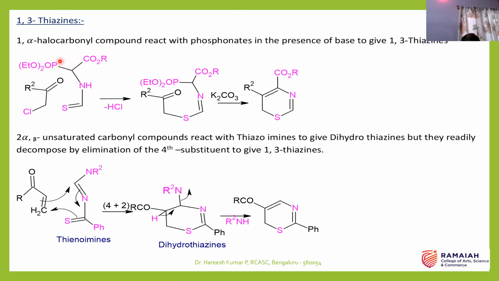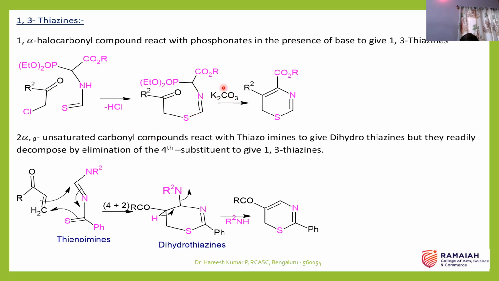This functional group containing compounds are called phosphonates. The halo may be chlorine, bromine or iodine, whatever it is. When the alpha halo ketone is treated with the phosphonate, it will give an intermediate like this.